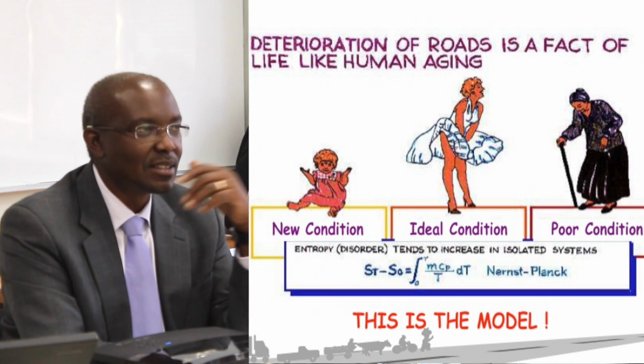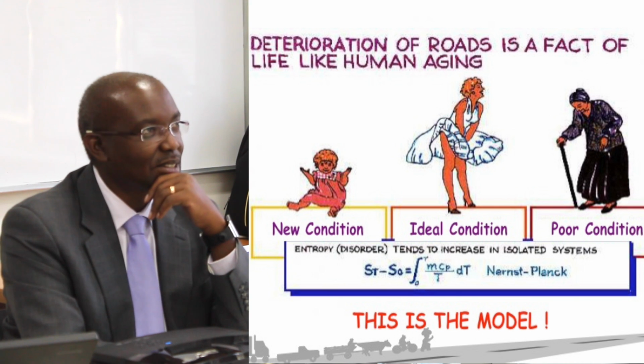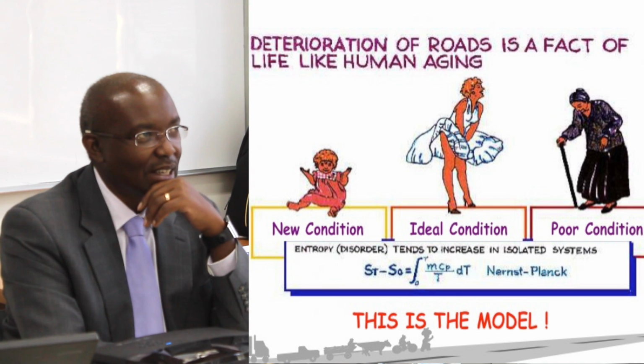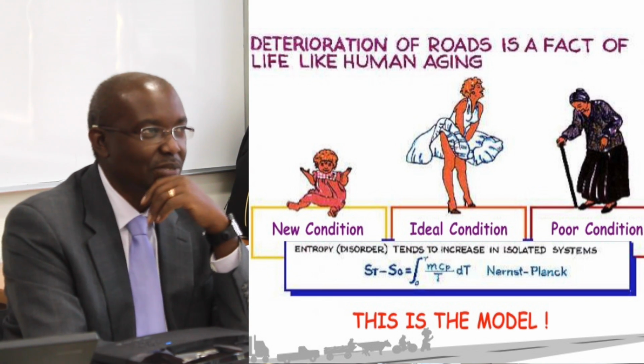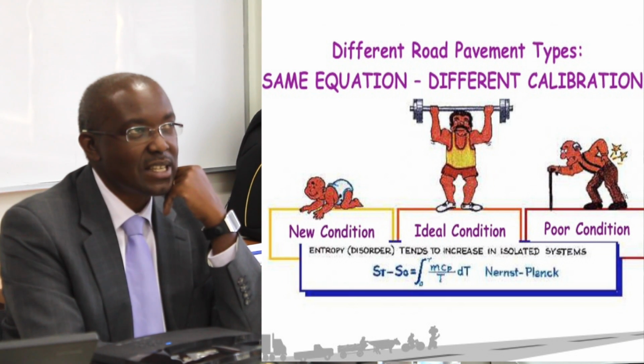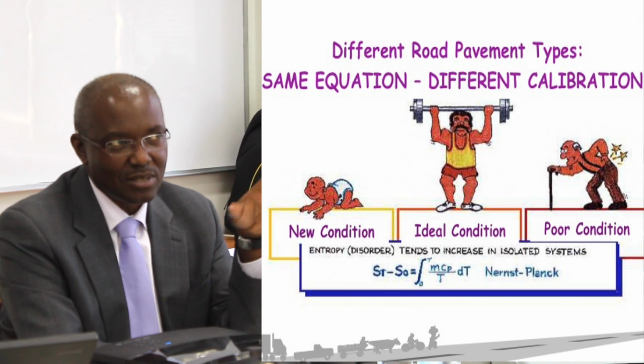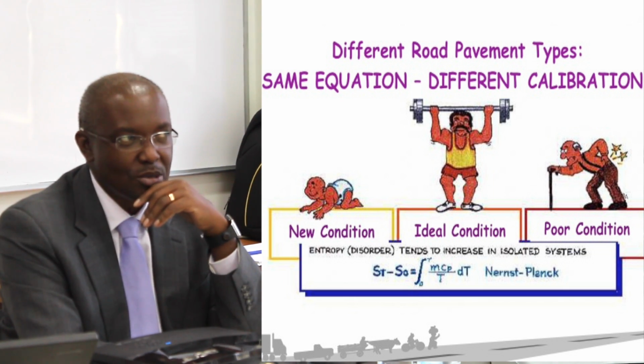The same thing happens. You may have a different road, a different pavement, but it's still the same thing. You have new condition. At some stage after construction, it's in ideal condition. Eventually, it deteriorates to poor condition. So that is effectively what these models or equations built into the computer model do.